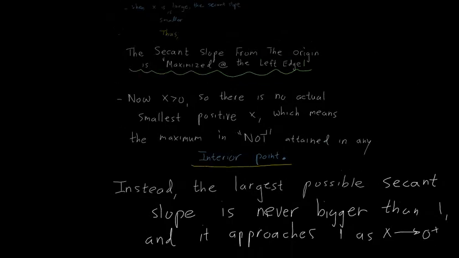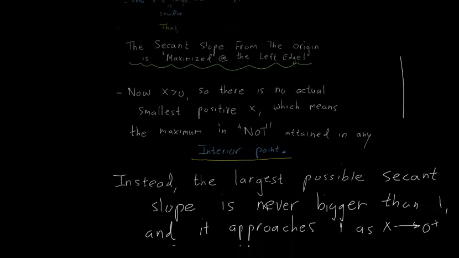Now when x is strictly greater than 0, there's no actual smallest positive x, which means that the maximum is not attained at an interior point. If you know some of your calculus 1, calculus 2, you have an open ball or a closed ball.